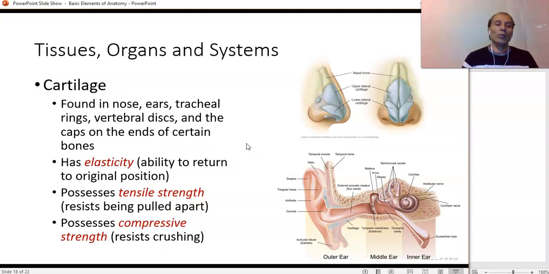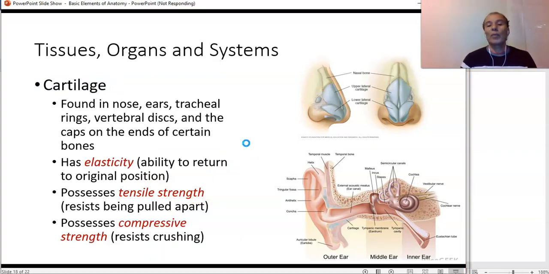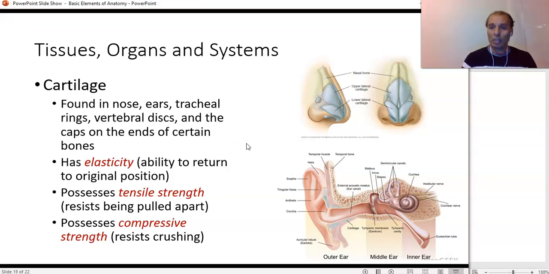Lastly, we are going to look at cartilage because we have a lot of areas in our body that are made out of cartilage. And if they weren't made out of cartilage, our life would not be possible.